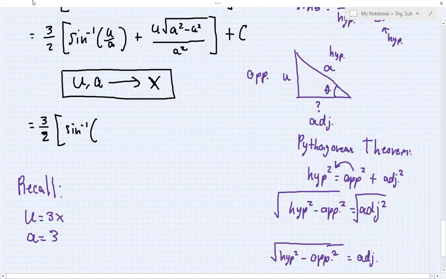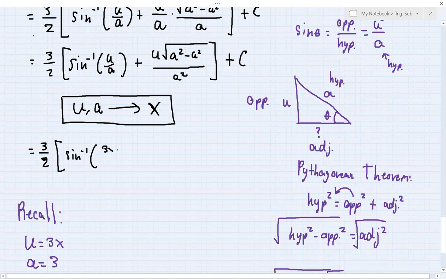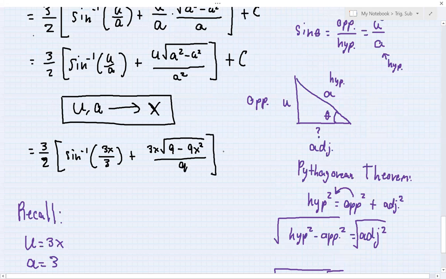Therefore, ganito magiging resulta mo: 3 halves times arcsine of 3x over 3 plus yung U mo is 3x times square root of A squared 9 minus U squared 9x squared all over A squared 9. That's it. Plus C.